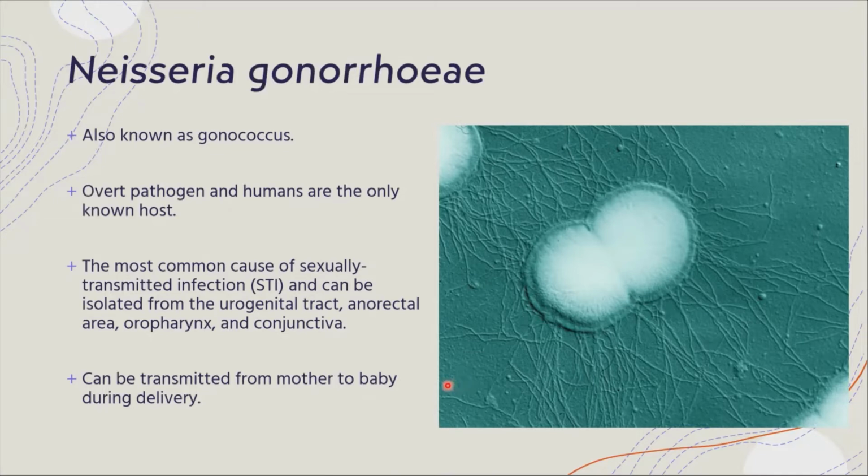Your Neisseria gonorrhoeae is the most common cause of sexually transmitted infection or STI and can be isolated from the following areas. So, pinaka-common of course is the urogenital tract, okay, kasi nga sexually transmitted siya, anorectal area, oropharynx, and even conjunctiva. Okay? So, your Neisseria gonorrhoeae is acquired or is transmitted through penetrative unprotected sex. Okay?